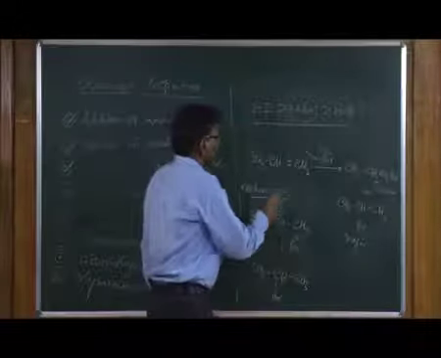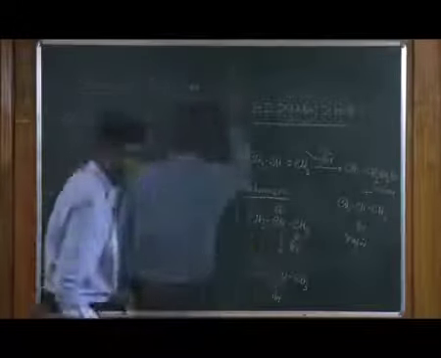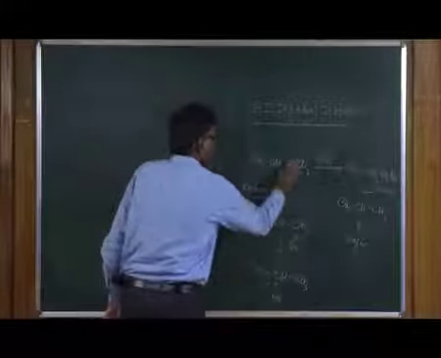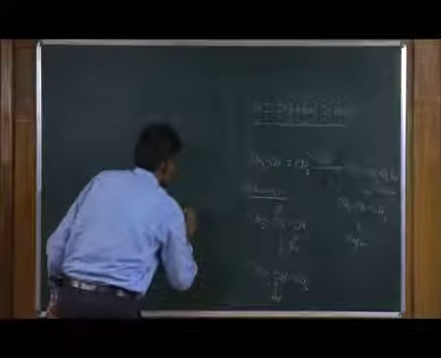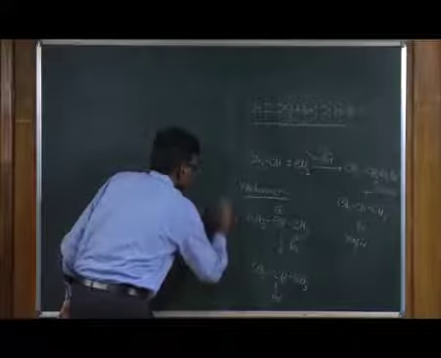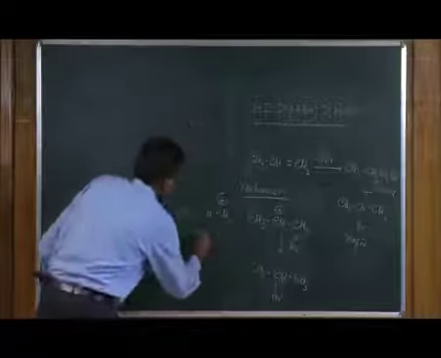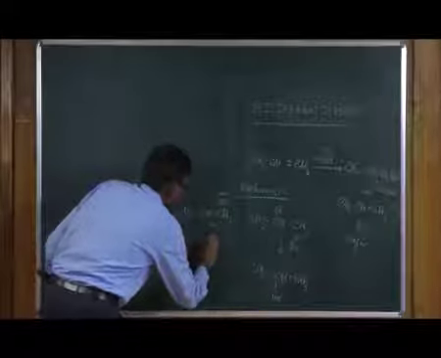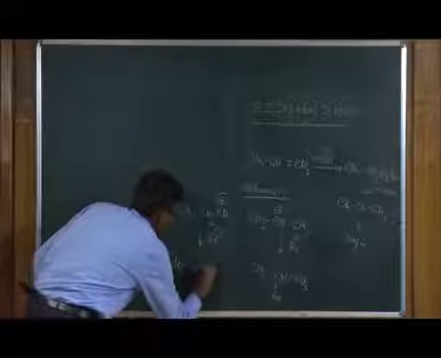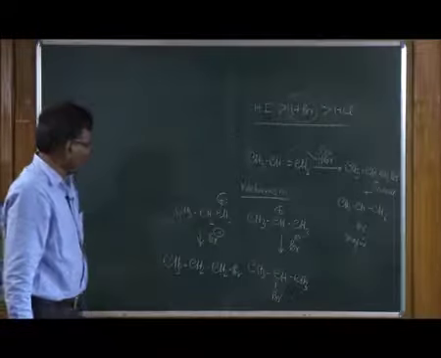Alternatively, it can also form a primary carbocation. In this case, if the carbocation reacts with Br minus, you get the primary alkyl halide.